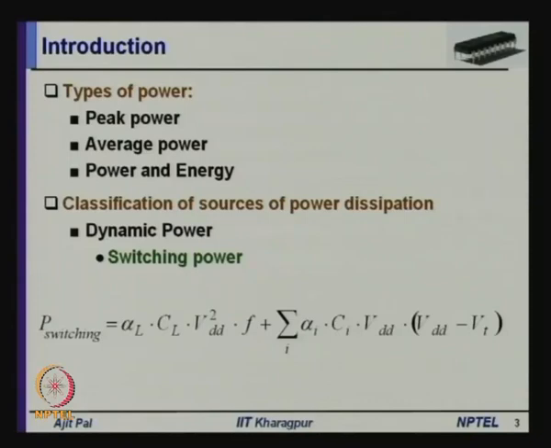Now, as I mentioned, we discussed the classification of sources of power dissipation, dynamic power, and the most important component of this dynamic power is the switching power. In the last lecture, we derived the expression for the switching power dissipation, which is equal to alpha L Cl VDD square F, where alpha L is the switching activity, Cl is the load capacitance, VDD is the supply voltage, and F is the frequency of operation.